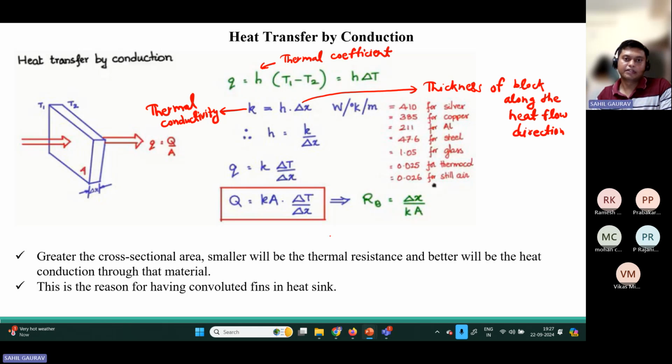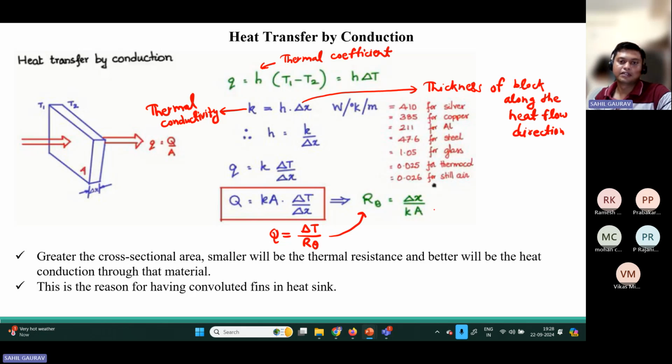So you have seen this thermal resistance form. We know the thermal resistance form is P equal to delta T upon R theta. So R theta will come from here, this thermal resistance when we see this conduction form. The greater the cross sectional area, the smaller will be the thermal resistance.